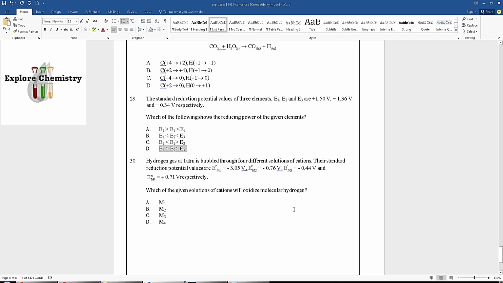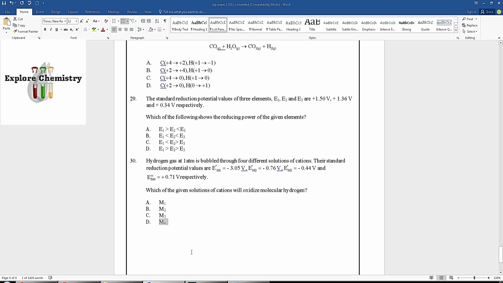If hydrogen will react with a species having higher reduction potential than 0, then hydrogen will undergo oxidation and that species will undergo reduction. So it is M4 having positive 0.71 value, remaining values are negative, M1 minus 3, M2 minus 0.1, M3 minus 0.4. So M4 is the correct answer.